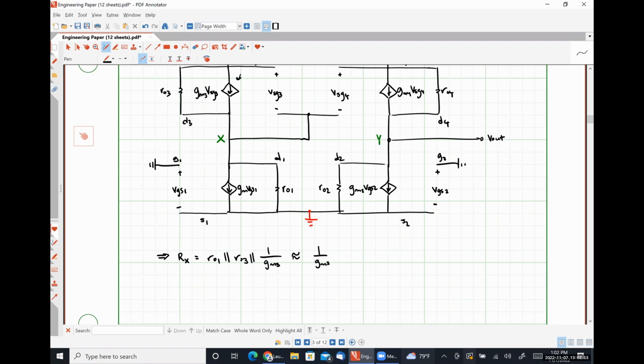Anybody have any questions, comments, or concerns here? So if you didn't ground that common node, you'd see a slight effect of G1.